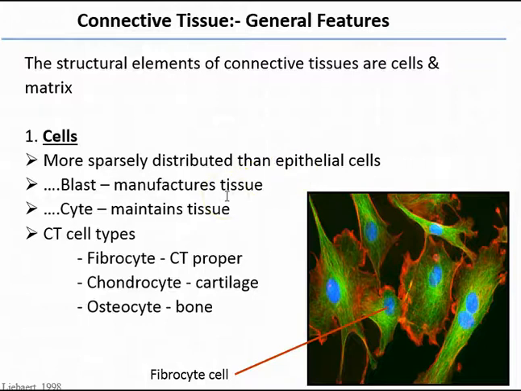There's a naming system that we have for the cells in connective tissues. Typically, the name will contain the suffix blast if the cell is responsible for manufacturing the tissue. If it has the suffix cyte after it, it refers to a more inactive cell within the connective tissue that's just responsible for maintaining the tissue.